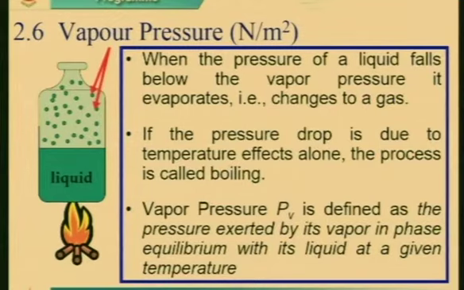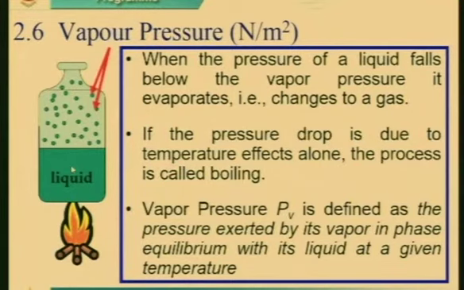What will happen? These liquid molecules which we are seeing are going to evaporate, and that vapor is going to exert a pressure on the liquid, which is shown in the diagram also. You can see, with a red color and bubbles, it is being formed and exerts a pressure.